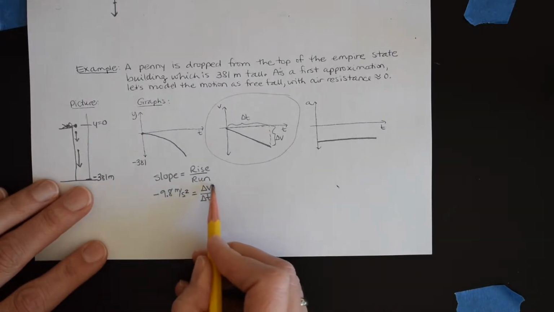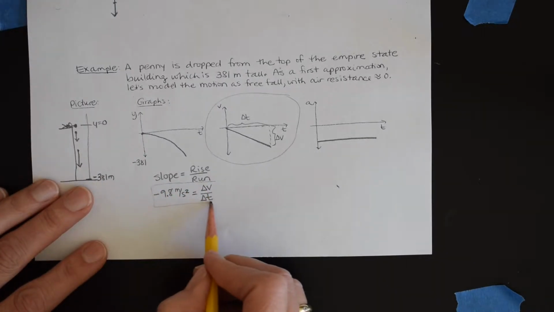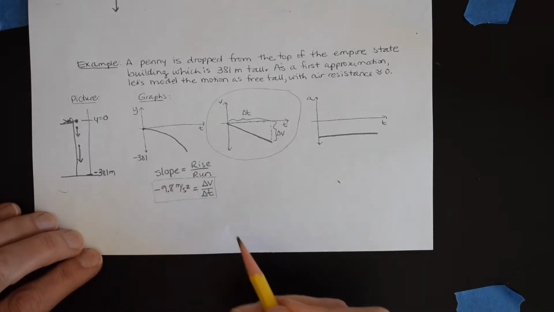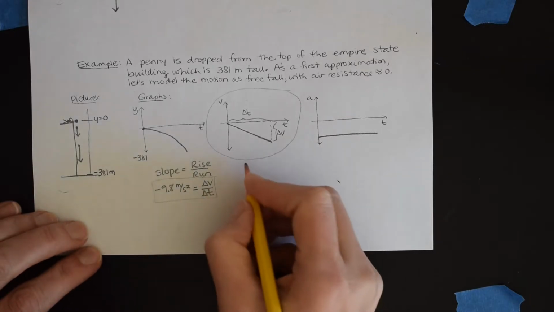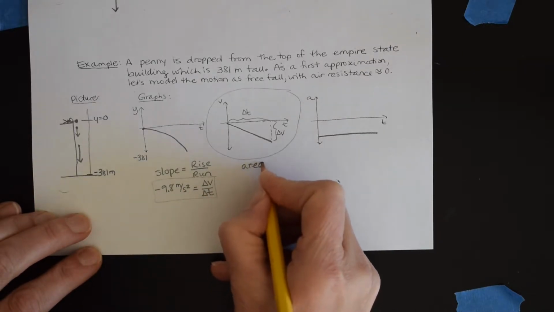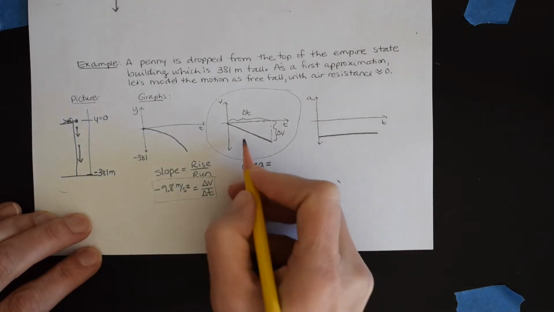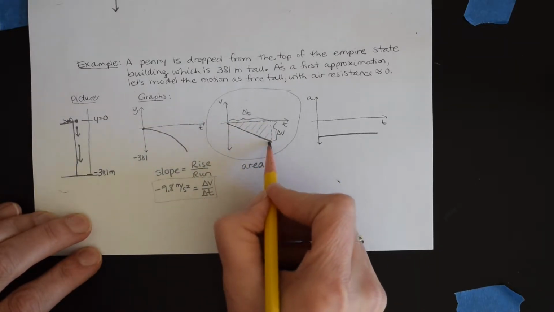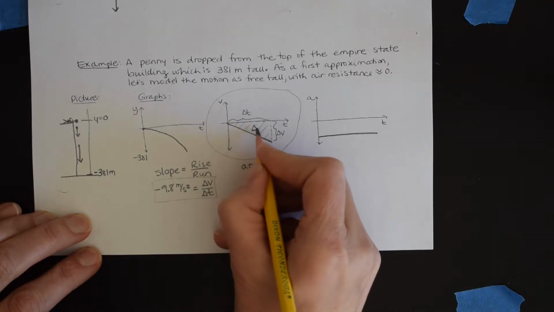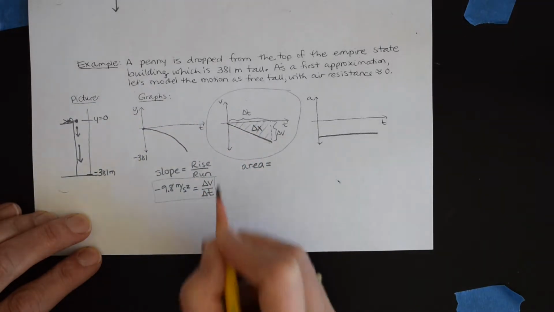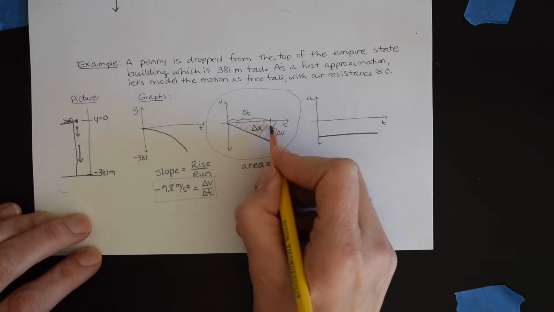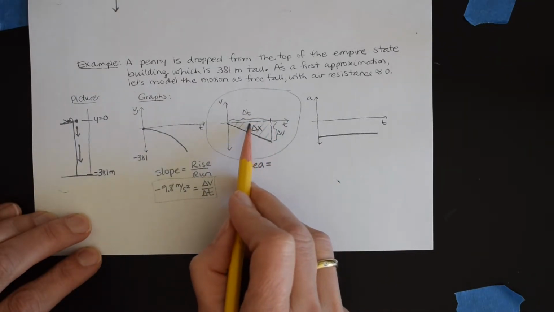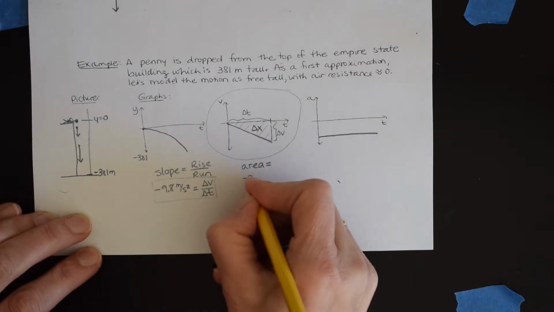So we have here an equation that has two unknowns. And in math, in order to solve for two unknowns, you need two equations. Well, lucky for us, we could also write an equation using area, because this is a triangle. And we know that the area of a velocity time graph is the displacement. So at the time it lands, if this right here is the time it lands, this area is negative 381 meters.